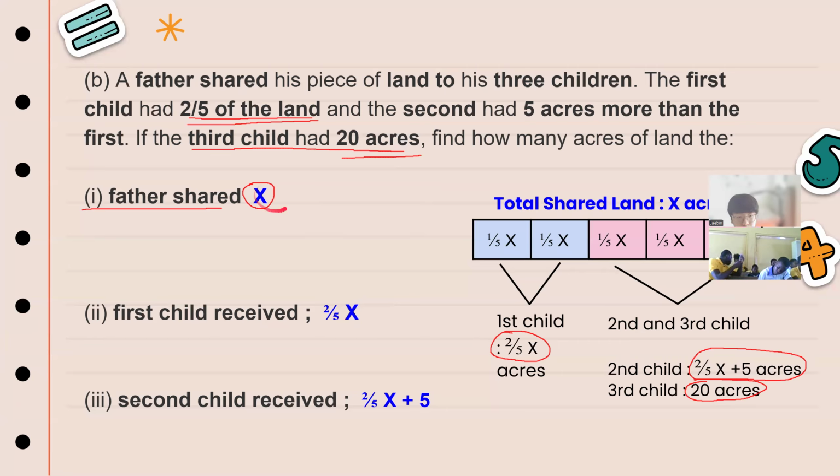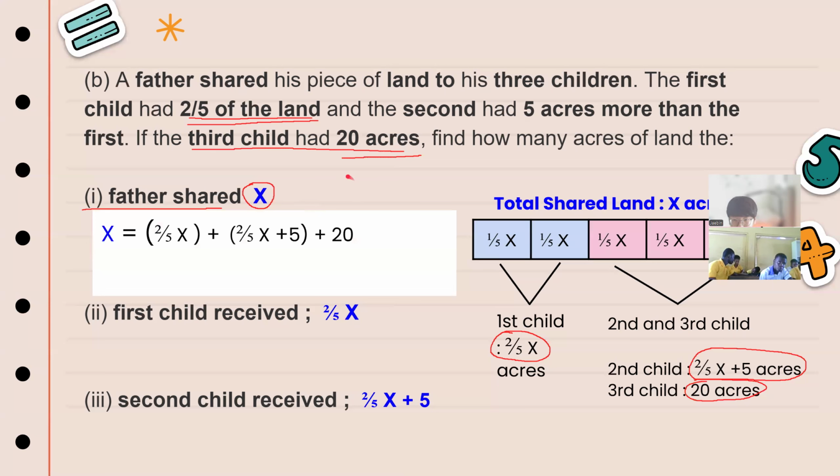So to find the total amount of land that is shared, how can we find this? Well, we set up this equation. We need to add the number of acres of land that each child had: the first child plus the second child plus the third child.